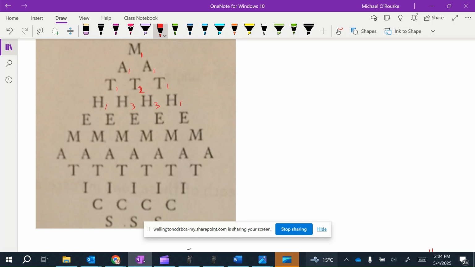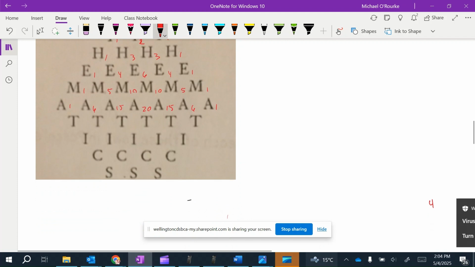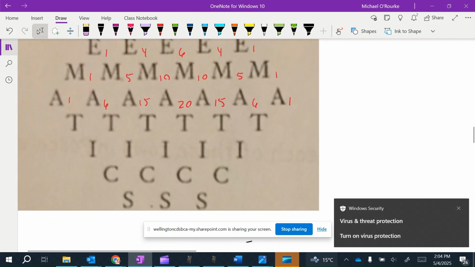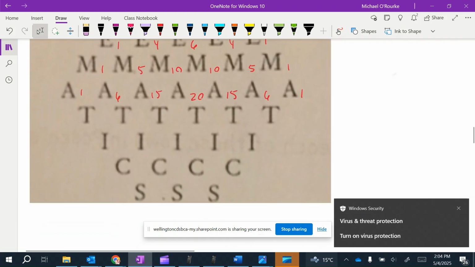3, 3, 1. And continue on creating my Pascal's triangle. Now it's going to squeeze in again, just like they did before. 1, 6, 15, 20, 15, 6, and 1. Then when we get here, it's going to squeeze in.